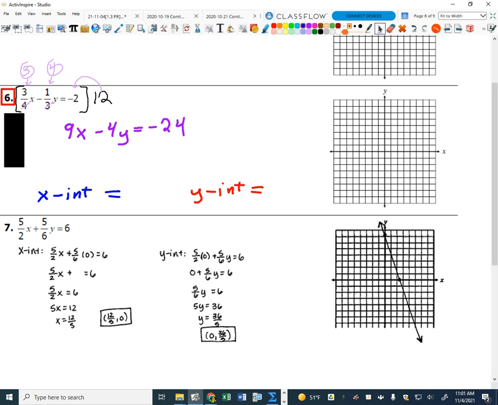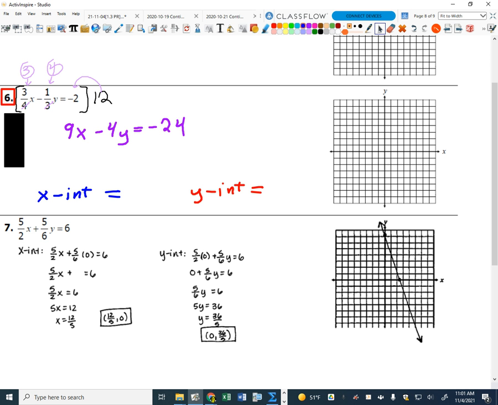Now to find the intercepts. Well, to find the x-intercept, a bunch of people were trying to isolate y, right? Solving for y. We don't have to do that. Use the cover-up trick here. Super easy. If I want to find the x-intercept, what am I setting equal to 0? Y. So that's an easy way to remember this. If I want to find the x-intercept, I'm just going to cover up the y term and solve for x, right? I'm trying to solve for x to find the x-intercept.